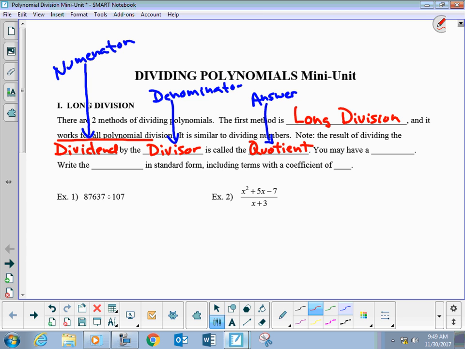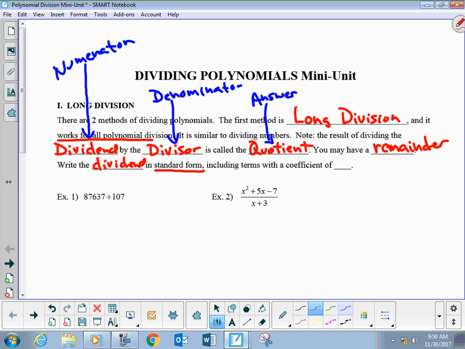And, you know, when we did our division ages ago, sometimes it worked out perfectly, right? But sometimes you got a remainder. And we have to write our dividend, basically the numerator, in standard form. That means it has to be written in descending terms.